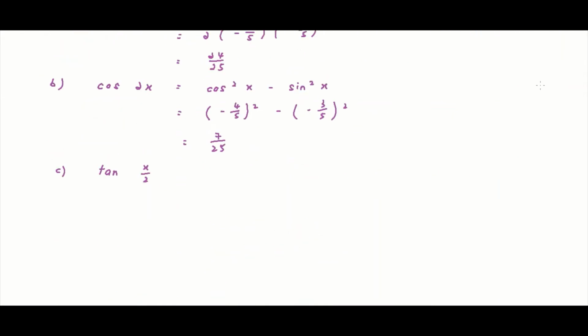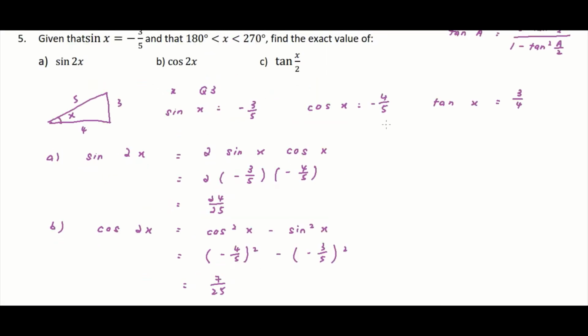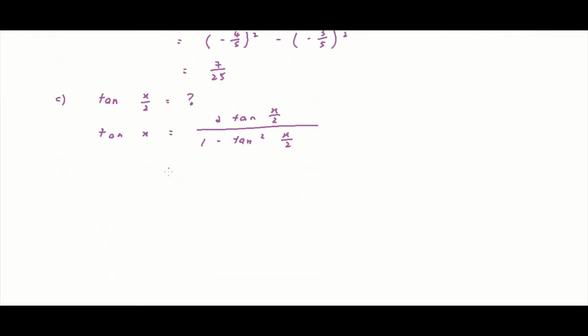Okay, so let us write down the formula first. So we can't straight away get to this answer. So tangent x equals to 2 tangent x over 2, over 1 minus tangent square x over 2. The same thing like what I have done at the top there. Okay, so since we want to get tangent x over 2, right? So this question already gives us tangent x. So we can straight away get the value here, which is 3 over 4.